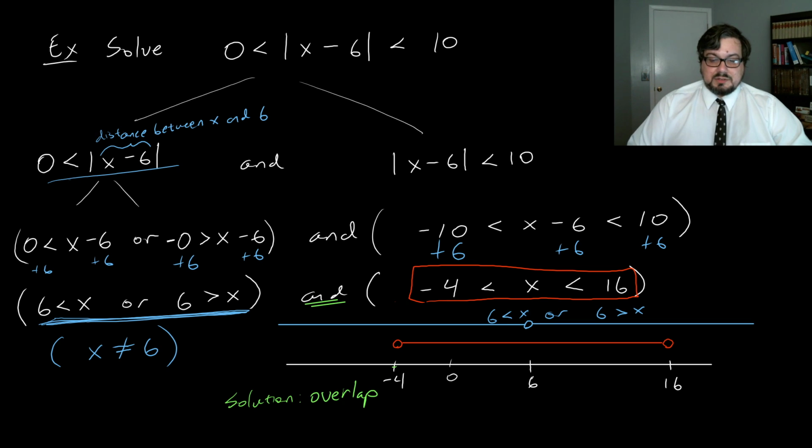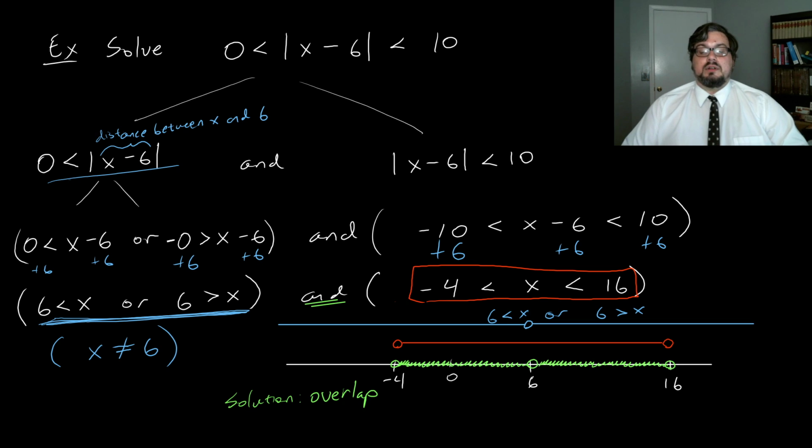So we can see that that's going to be all the numbers from -4 up to 6, but not including 6. The blue set has a hole at 6, doesn't include 6, and so we can't include 6 in our number either.